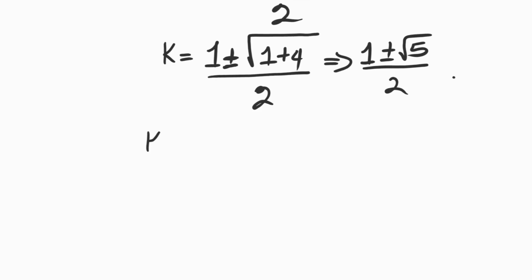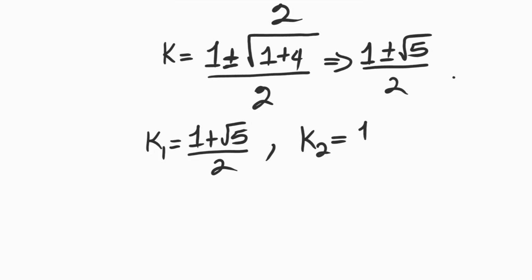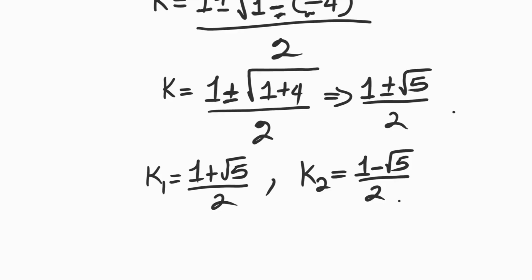So our k1 is equal to 1 plus root 5 divided by 2. Our k2 is equal to 1 minus root 5 divided by 2. Now from this k2, we can see that this is definitely less than 0.